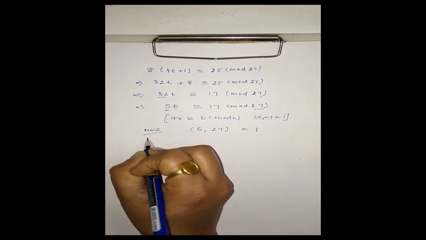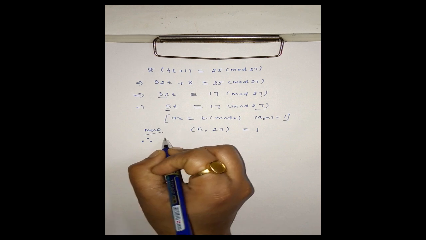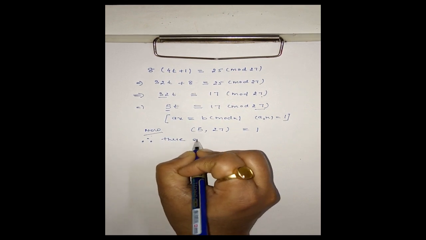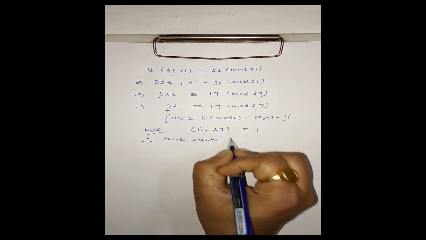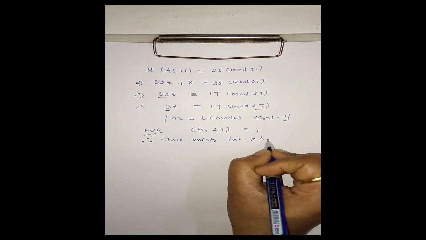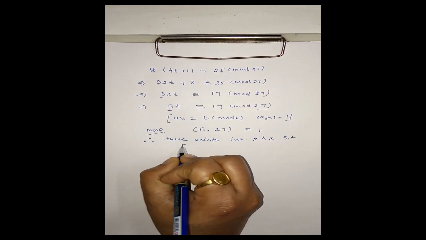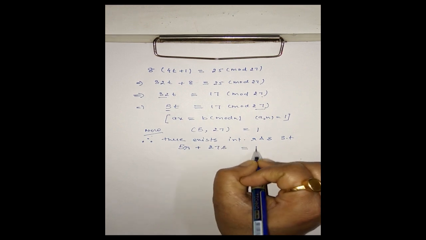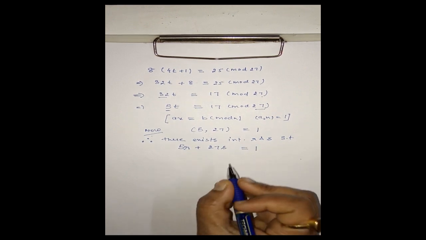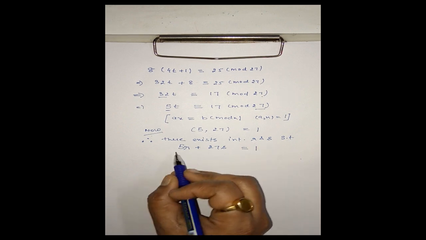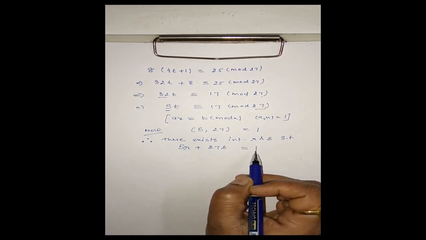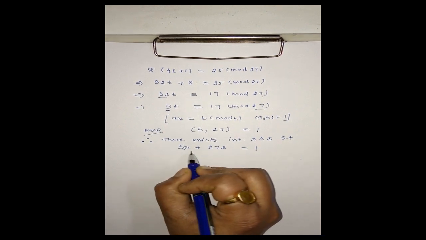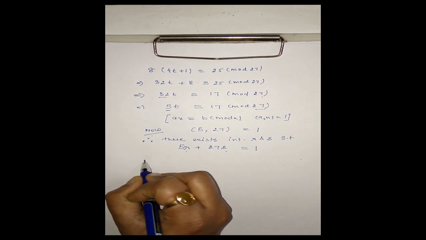Therefore, by Euclid's algorithm, there exist integers r and s such that 5r plus 27s is equal to 1. Clear? Now we will find this r and s.